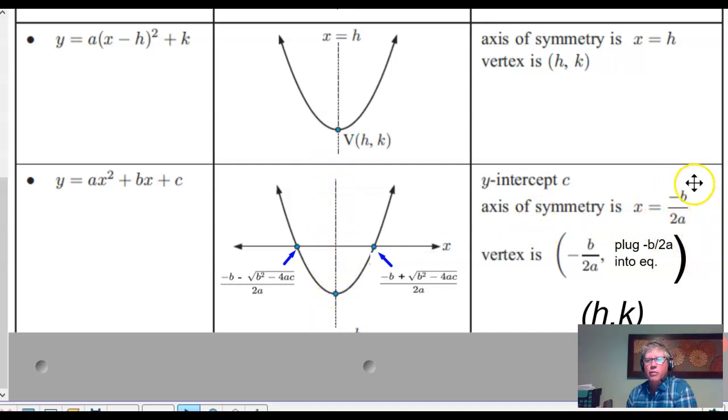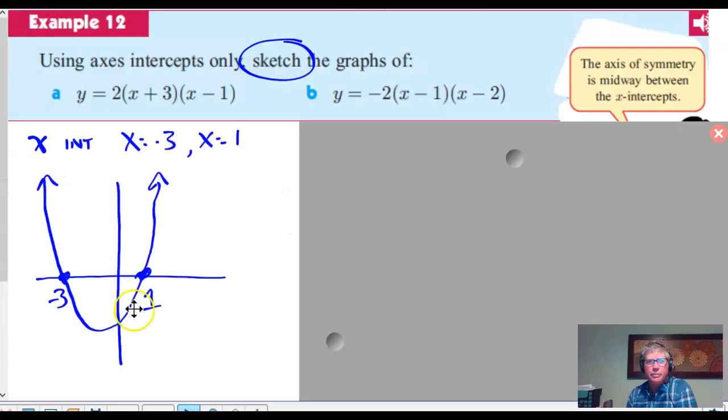So negative b over 2a is in here, but we didn't really take time to talk about it, so you're going to have to trust me on that one. Some people remember this from last year. Find the x coordinate, plug that into the equation to get the y coordinate. So if you have those skills, you might want to write those down to have a reference. But let's do a few problems to see what I'm talking about.